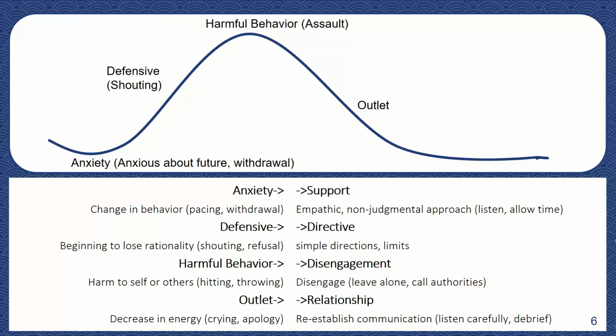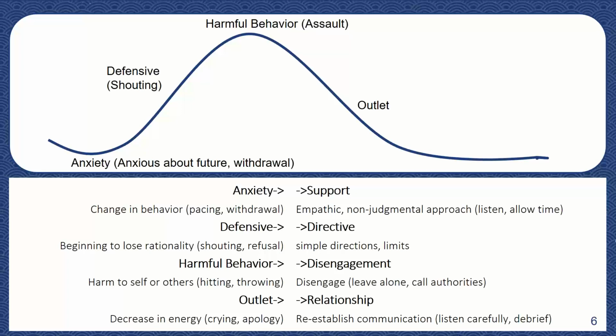So this is kind of a busy slide, but again, at the very top, we have the anxiety, the defensive, and the harmful behavior, and then the outlet. In the road rage situation, the individual is anxious about the future, and he withdrew from his social life. Then we have the defensive behavior, which was his shouting. Then we have the harmful behavior at the very top, which was the assault.